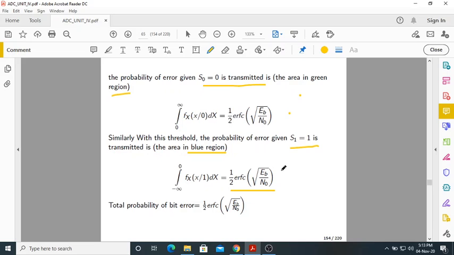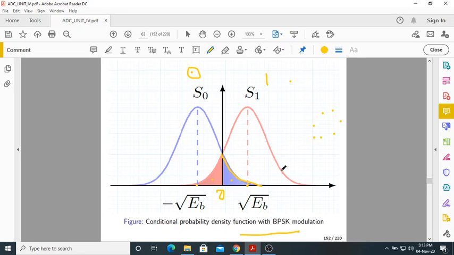I hope you are okay with this simplest method. I will go through it again. I have drawn the two conditional PDFs, which are symmetric about their means, root Eb and minus root Eb. This is the threshold, and they are crossing the thresholds. This PDF should belong to symbol 0, but since it is crossing the 0 threshold, you decode as 1.